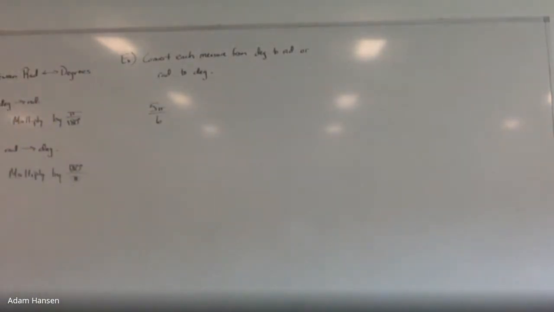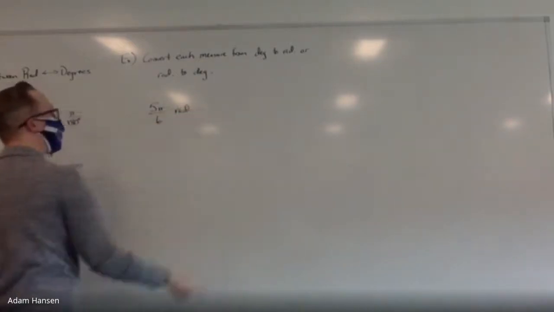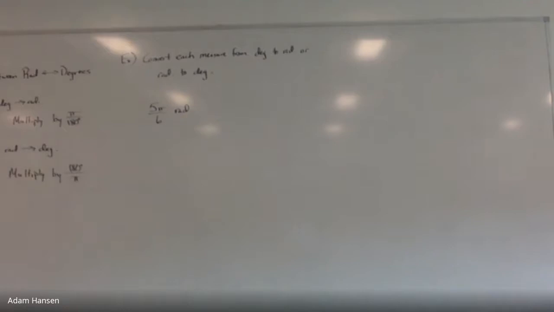I have an angle measure that's equal to 5 pi over 6 radians. We label it in terms of radians. It's a radian measure in terms of pi.